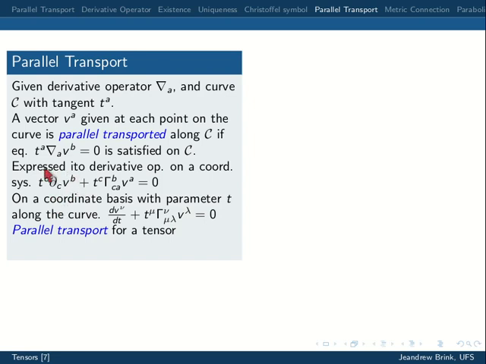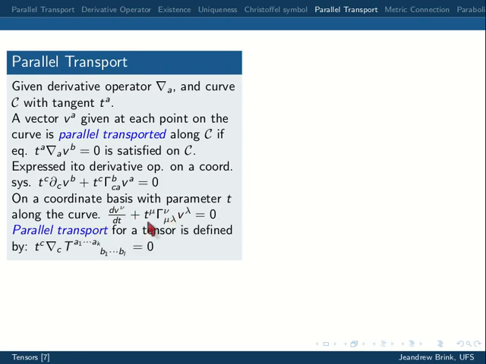So this is exactly the same as saying d/dt of V, because d/dt of your vector is simply how the vector changes with respect to coordinates, multiplied by how the coordinates change along the curve, which is just T^C. And that then is your parallel transport for a vector.